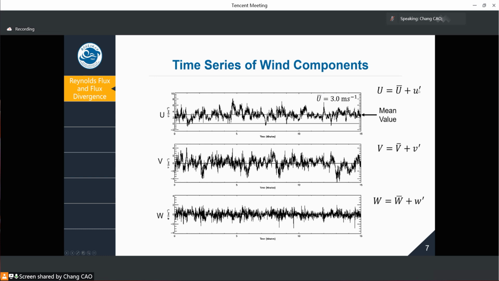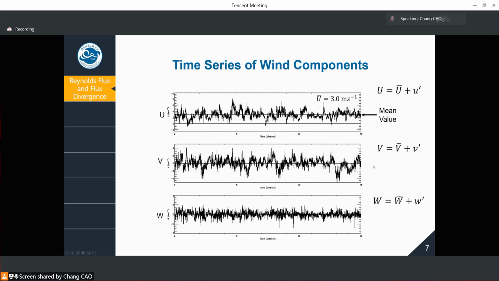The prime means the fluctuation. And it's the same for V and W. The capital V is the sum of V bar and V prime, and W is the sum of W bar and W prime.